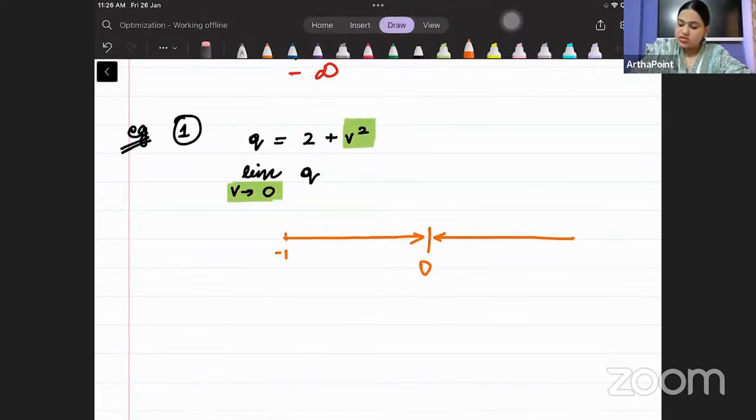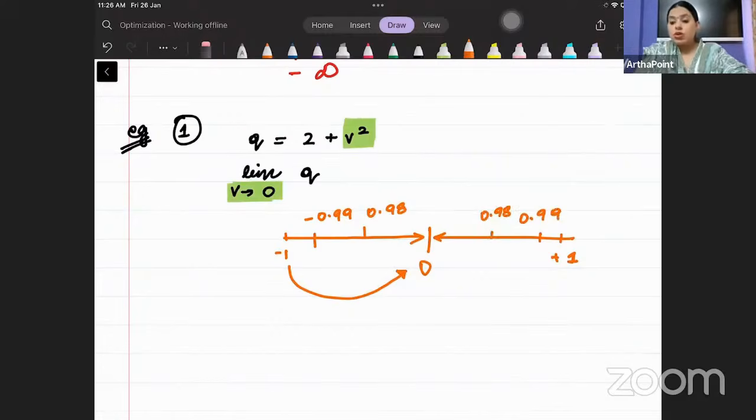Mane here this is -1, here I know this is +1. But I am going towards 0. That means here I will have suppose minus 0.99, minus 0.98. Here I will have 0.99, 0.98 and so on. So from both the sides, my aim is to go towards 0 and see what happens.